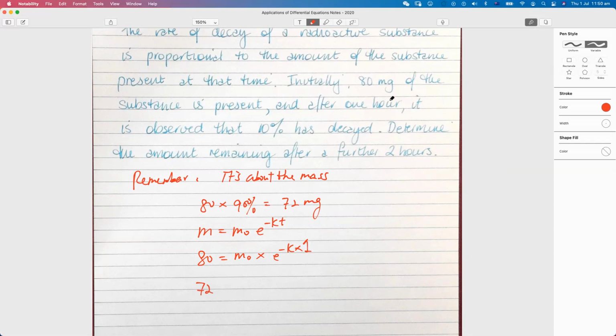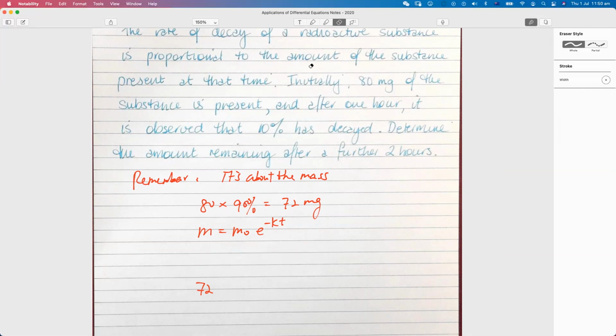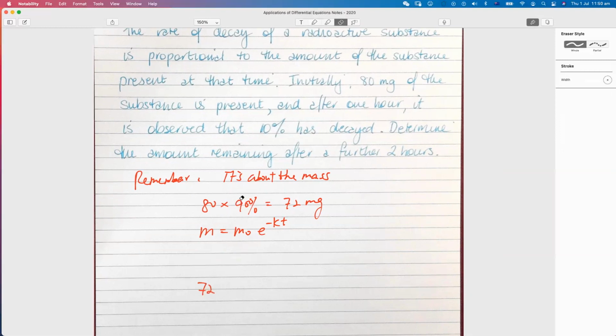Hang on. Initially 80 milligrams, oh, my bad. Initially means our m naught is going to be 80.